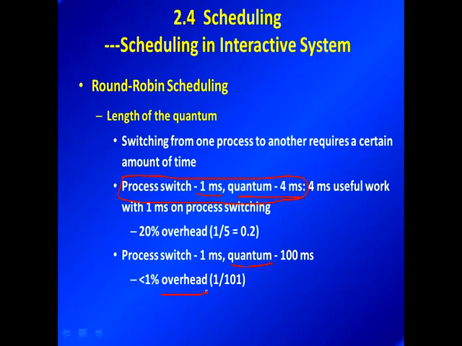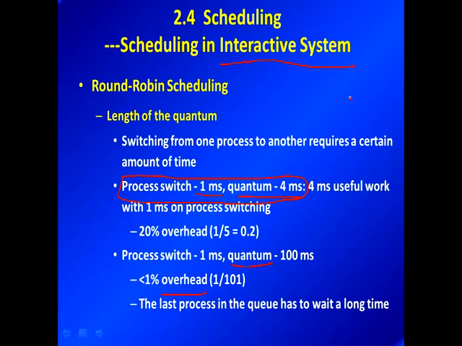But this causes another problem, because everybody stays in the waiting queue to wait for the CPU. If the quantum is very long, then the last process in the queue has to wait a much longer time, right? And round robin scheduling is a preemptive algorithm used in interactive systems.